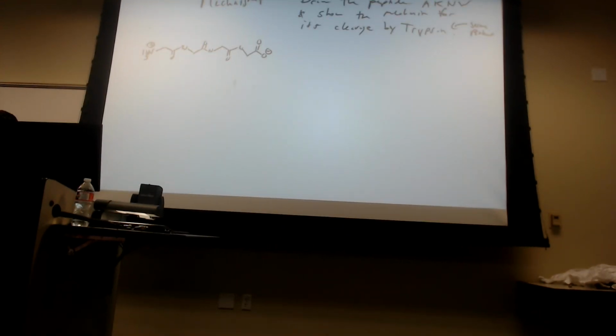And we'll assume neutral pH, so we have NH3 plus, and then alanine, lysine, 1, 2, 3, 4, NH3 plus, asparagine.